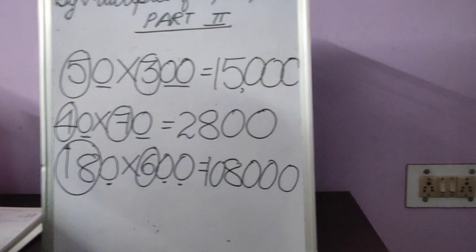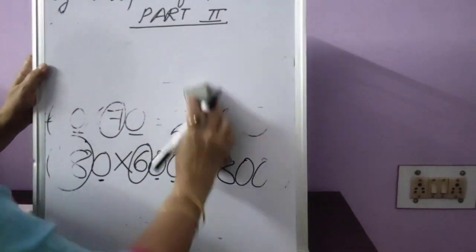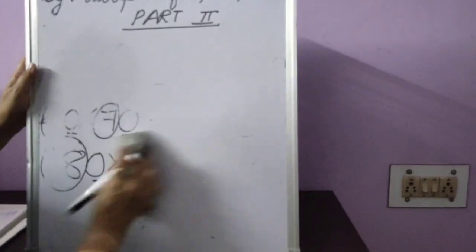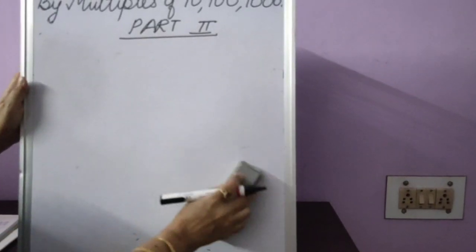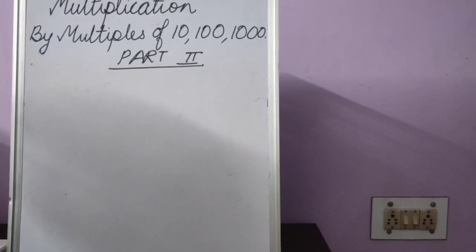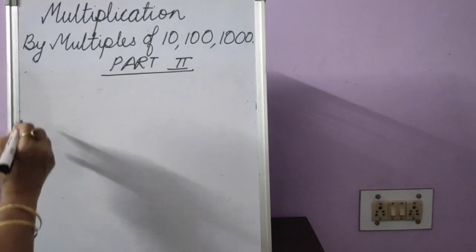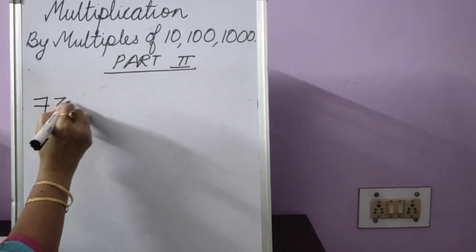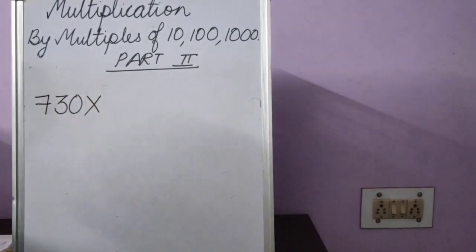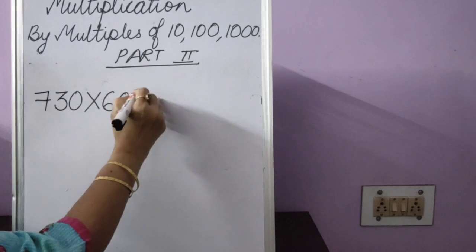Okay. So, a few more examples of how your work is to be written in your notebook. In your notebook, children, you're not going to put all these circles and dashes. Just remember in your mind what you have to do. For example, another problem, suppose we have 730 multiplied by 600.